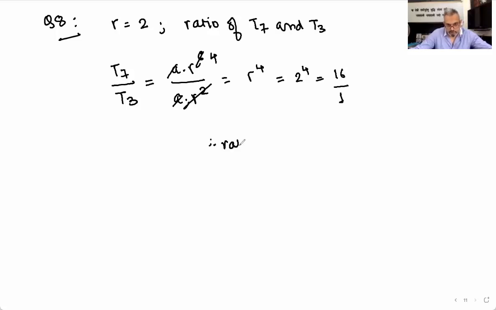Therefore, the ratio of T7 is to T3 is equal to 16 is to 1.